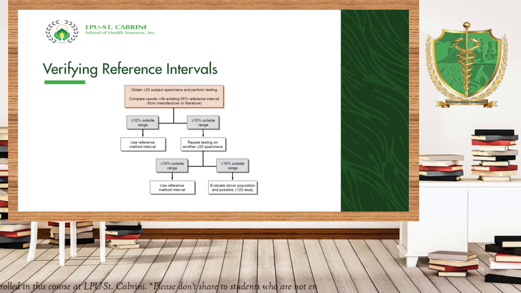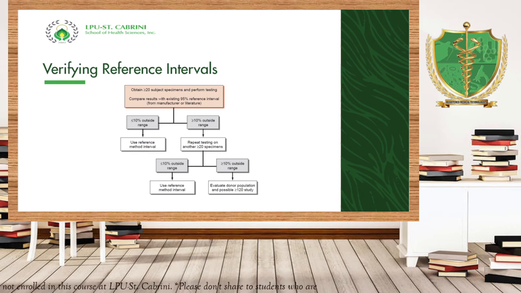it means that we have to repeat the testing of the 20 samples. Now, if we repeat the testing of the 20 samples, and again they are less than 10% outside the range, then use the reference interval.